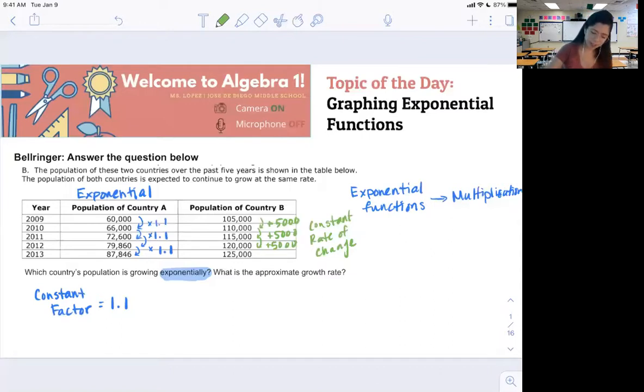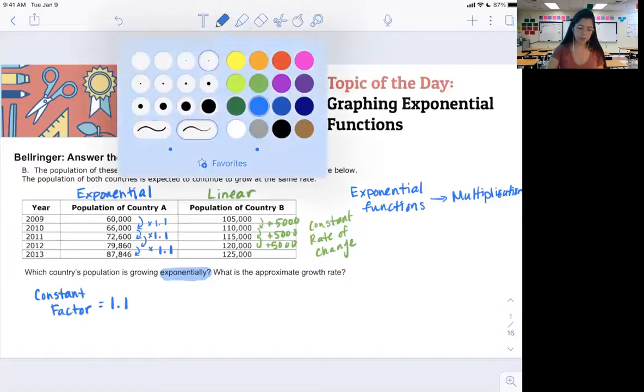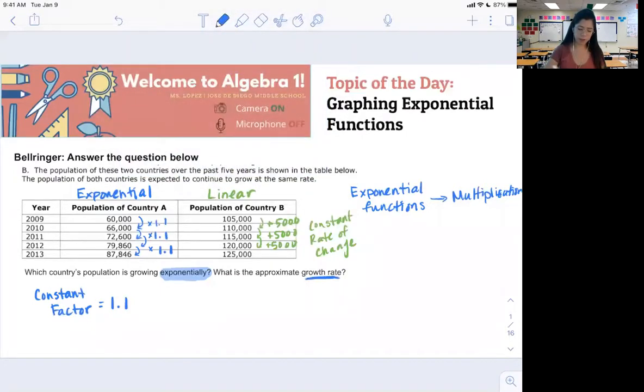It's good, Bianca, linear. And that's the big difference. Linear, we add and subtract. Exponential, we multiply. And when you're dividing from the bottom to the top and you get the same number every single time, that number is your constant factor, or it's also called the growth rate.